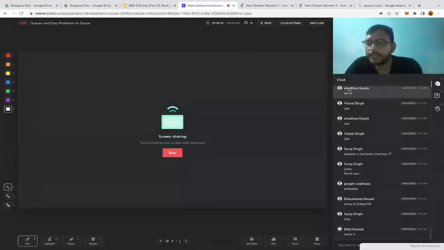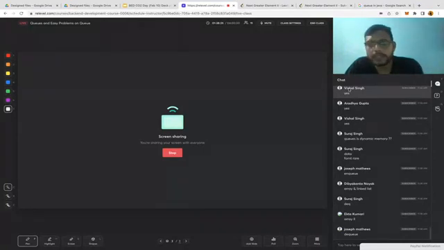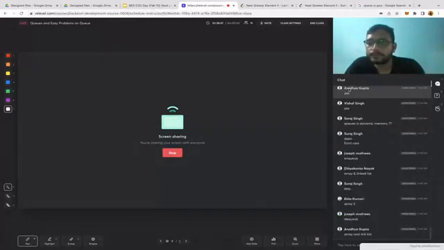Yes, Deepikanta has given the correct answer. Array and linked list. NQ and DQ are insertion and deletion operations, guys. NQ and DQ are queue operations. Yes, array and linked list. These are the only two ways with which we can implement queues. So now you tell me, are arrays dynamic memory or are linked lists dynamic memory?